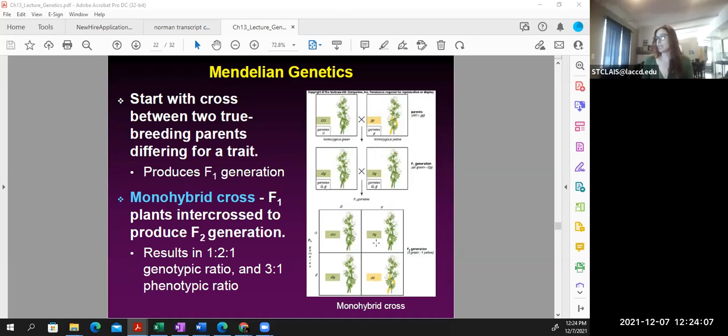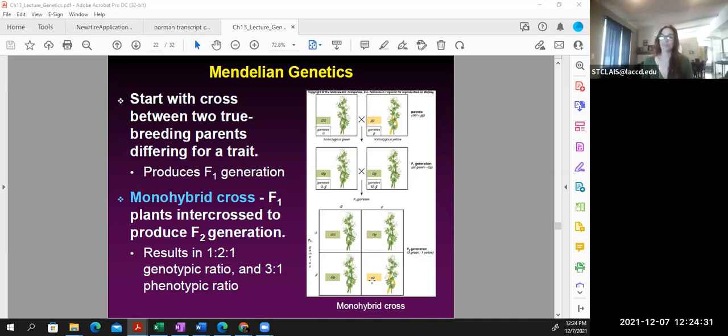So in other words, we don't see the yellow pods as long as there's at least one copy of the dominant allele present. Okay, same thing here for the third one, big G and little g together. We see green pods, heterozygous genotype, and then 25% of the time, or 1 out of 4, we're going to get our homozygous recessive individual.